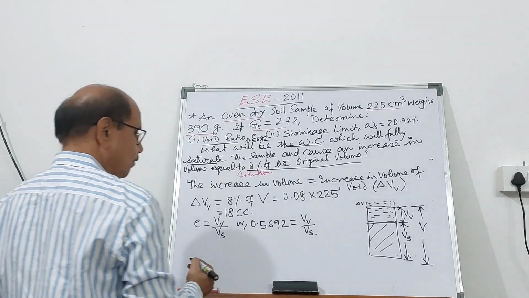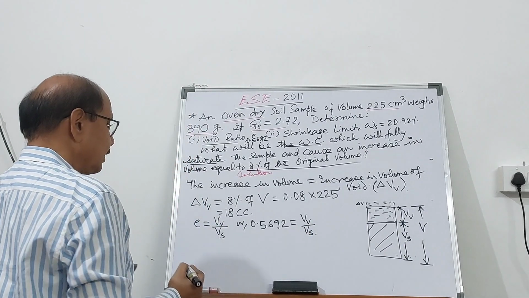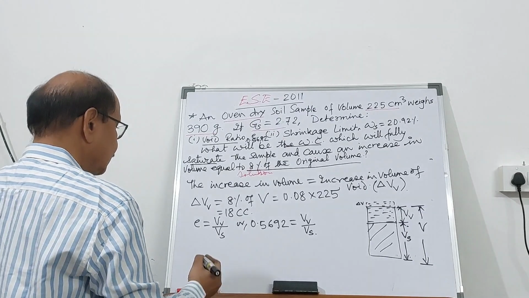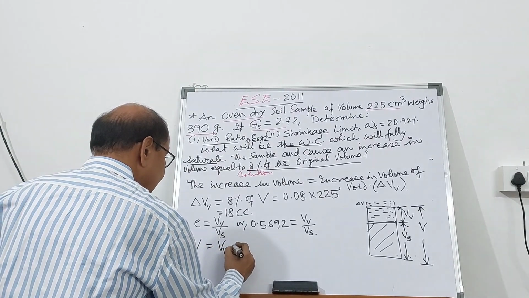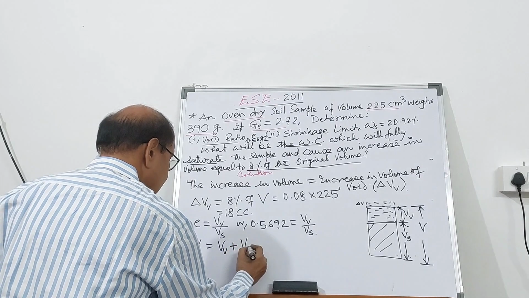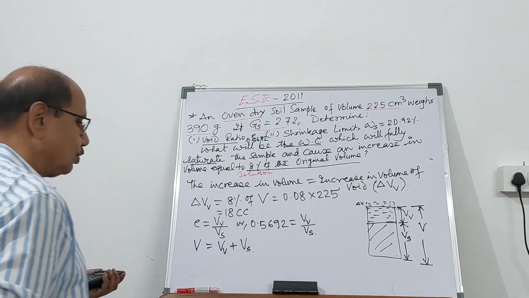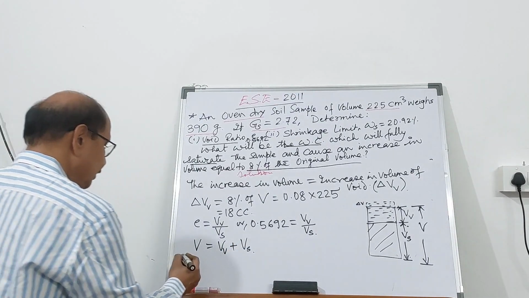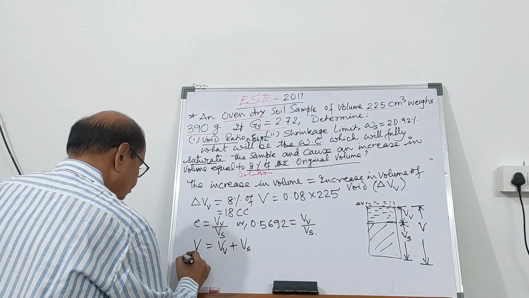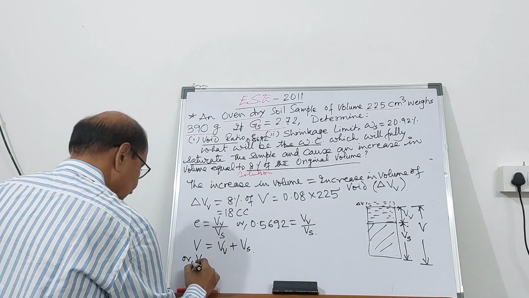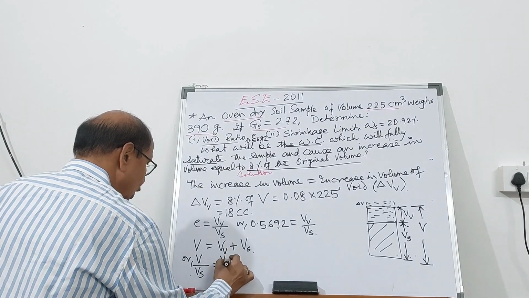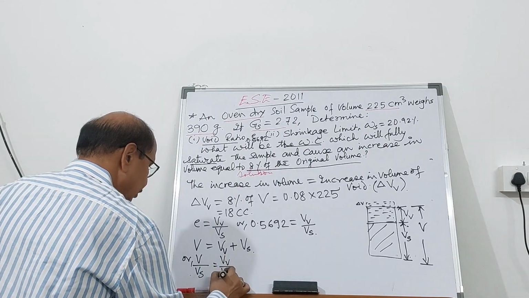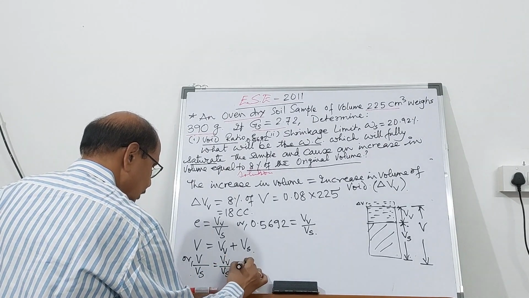Therefore, you can say that the total volume is the volume of void plus volume of solid. So V divided by Vs is volume of void divided by volume of solid plus 1.